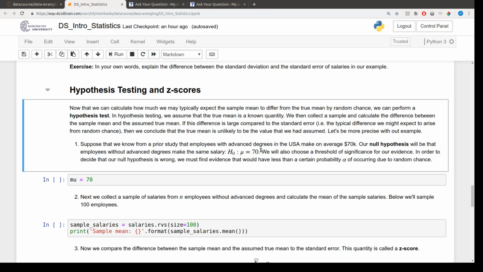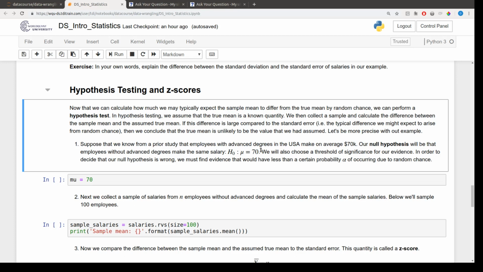The other thing we have to do, if we're going to settle this argument, is set a threshold for a significant difference as our standard of evidence. Do you need to find a sample mean that's 2 standard errors away from our assumed mean? 3 standard errors?